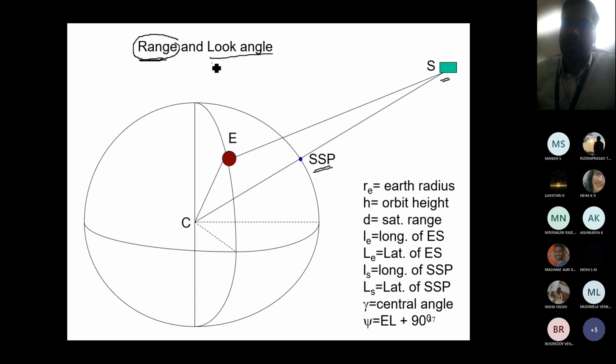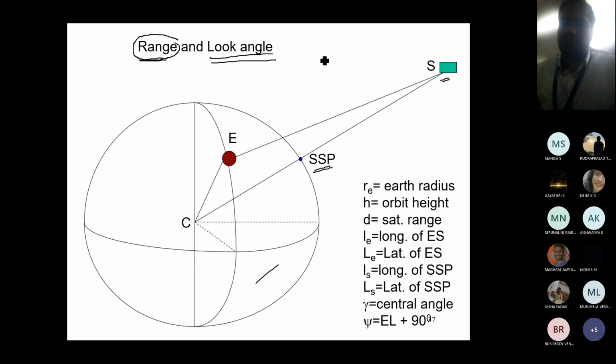Second thing, it is the look angle. In look angle, what we are going to calculate is the coverage. Suppose one satellite is located here, how much portion on the surface of the earth does the satellite cover? That means how much geographical area the satellite can communicate with, or how much portion on the surface of the earth can be within the coverage of the satellite.